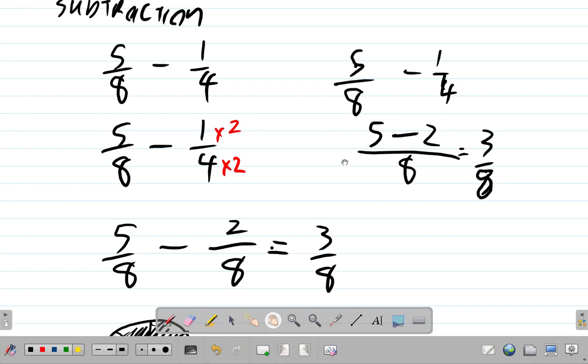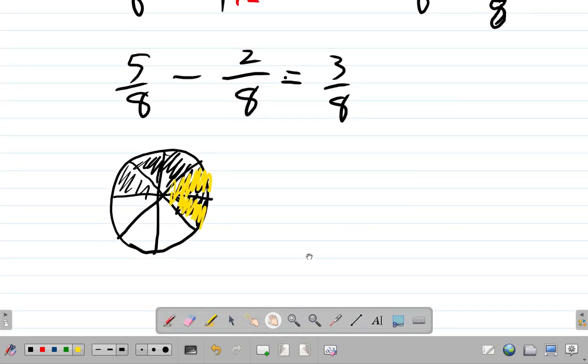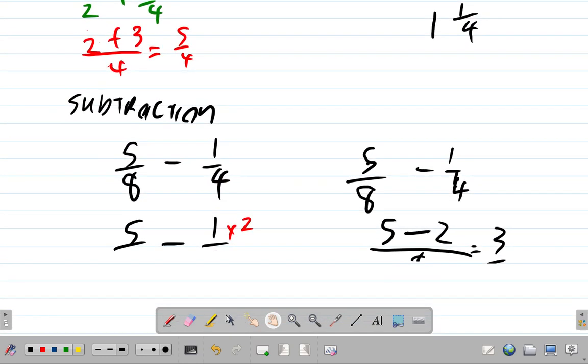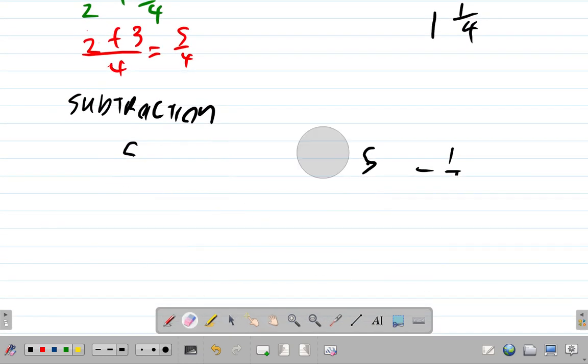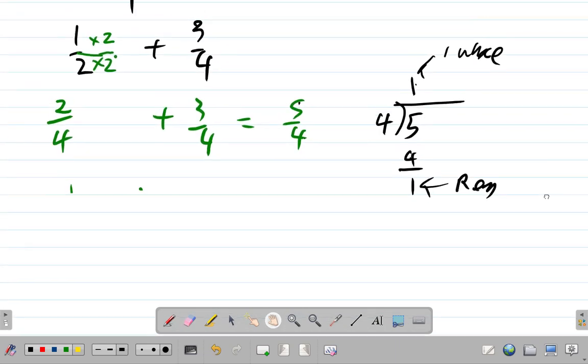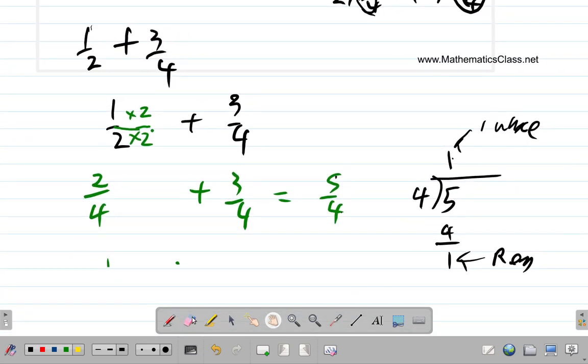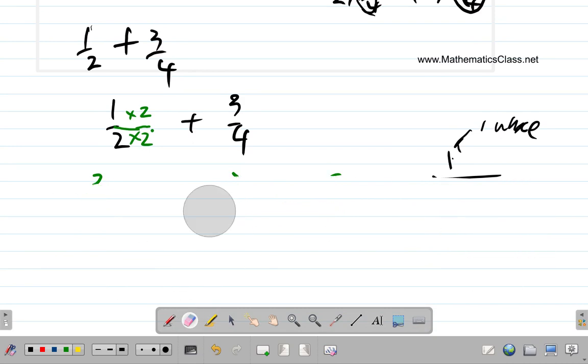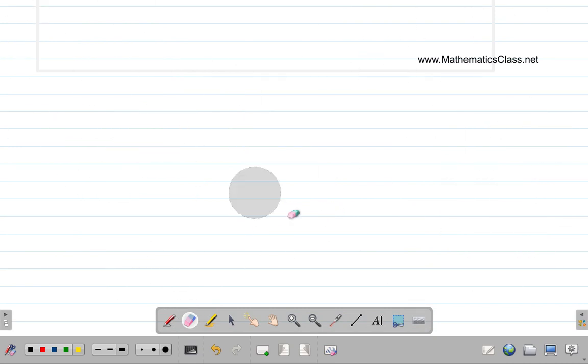Last video, we looked at addition and subtraction of fractions, but we want to look at multiplication right now. So I'll just erase some of what I have here. With the fraction business, as with anything else, you have to make sure you understand it.